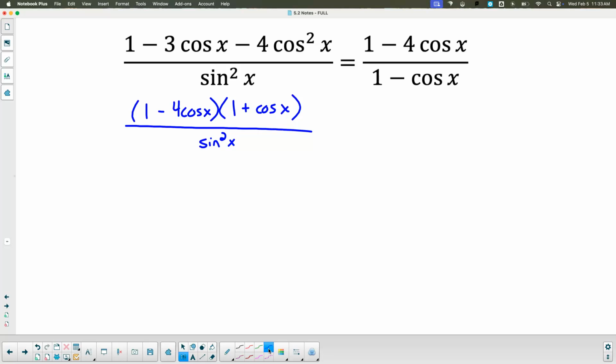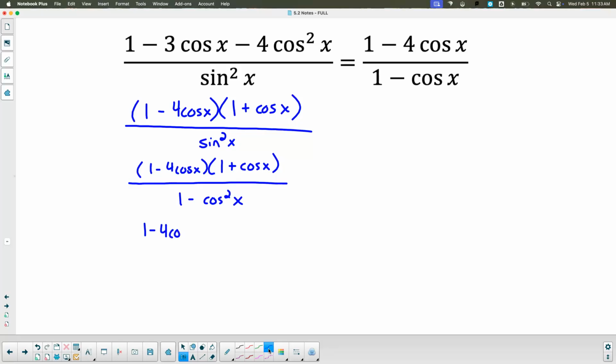Then I would change this to be 1 minus 4 cosine of x, 1 plus cosine of x, all over 1 minus cosine squared. 1 minus cosine squared then becomes 1 minus cosine of x, 1 plus cosine of x.